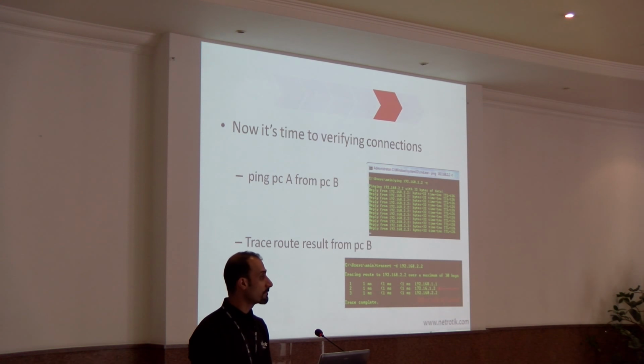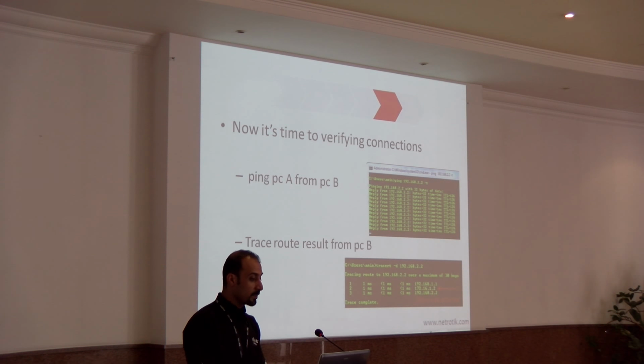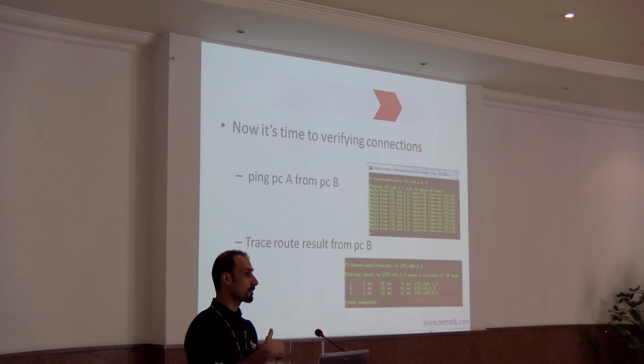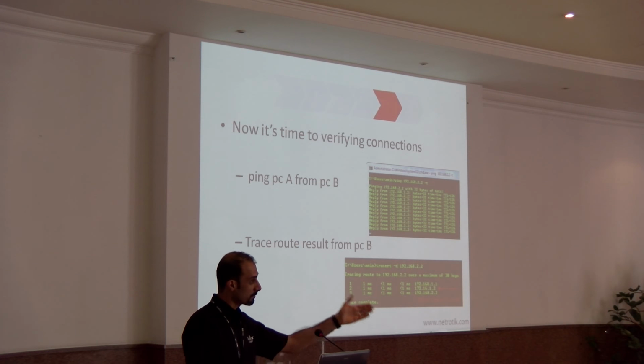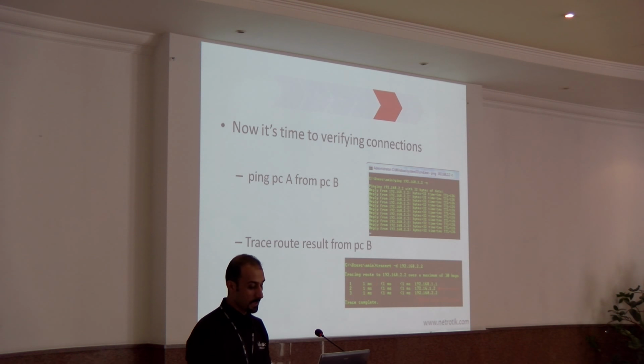Now it's time to verify the connections. We must ping PC A from PC B or the reverse. For example, a ping from PC B to PC A. You can see the ping is correct.